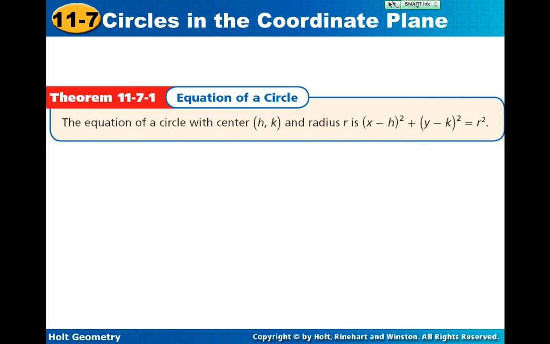Understand why I came up with that? Now to make it relate to what's up on the smart board, if I just square each side, I get r squared to equal, the squaring is simply going to cancel out the big square root. So it's going to say (x minus 4) squared plus (y minus 2) squared equals r squared. It really doesn't matter if I put the equals r squared on the left or the right.